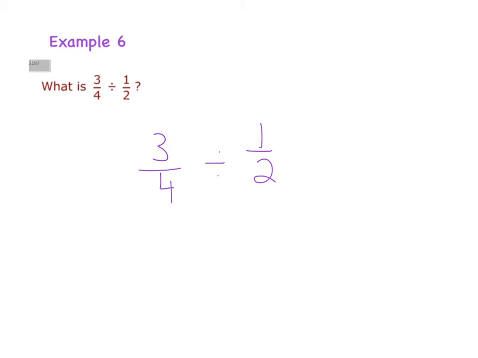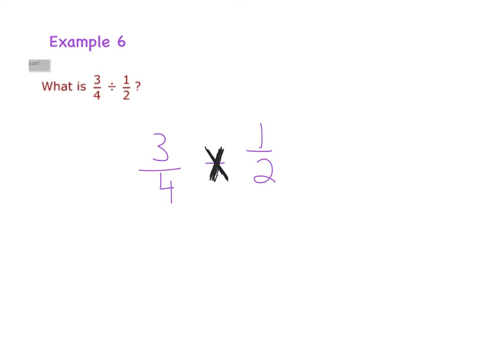The next thing you do is replace the division symbol by a multiplication symbol. So I'm going to now replace this by a multiplication symbol. I'm going to do it in dark black.